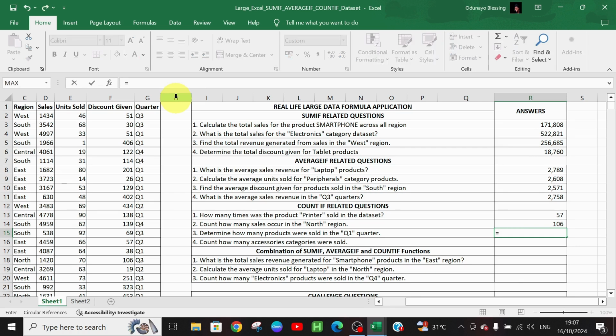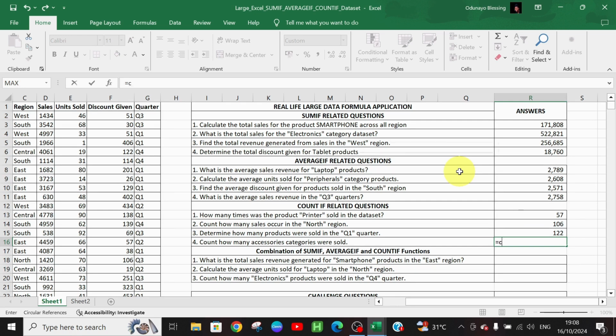So now, we want to know how many products were sold in quarter one. It's also COUNTIF, you open the bracket. Now, the range of the data in terms of the quarter is this to 501. So what we are looking out for there is Q1. Then you close the brackets. That's the answer. Now, for how many accessories categories were sold?